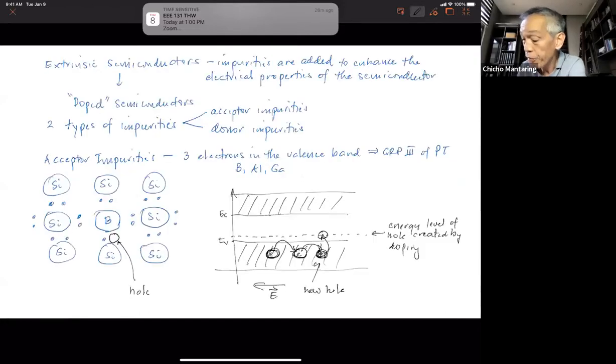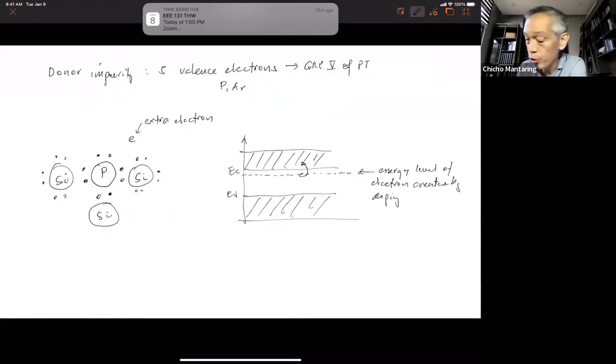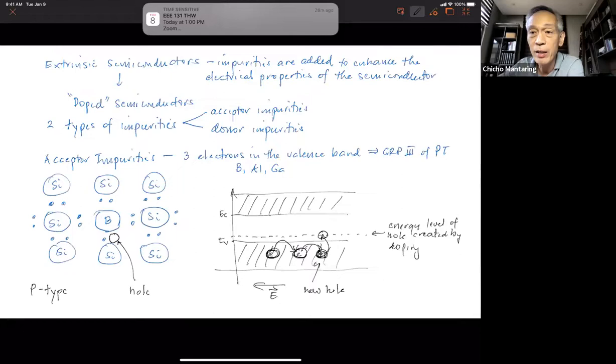Okay, this type of semiconductor where you have acceptor impurities, you call this a p-type. And this type of semiconductor, you call this an n-type. Again, a p-type semiconductor is electrically neutral.